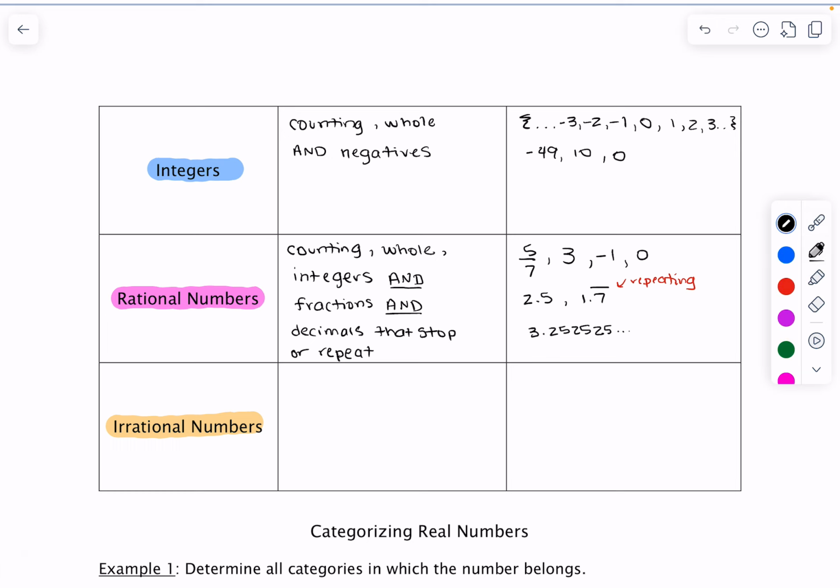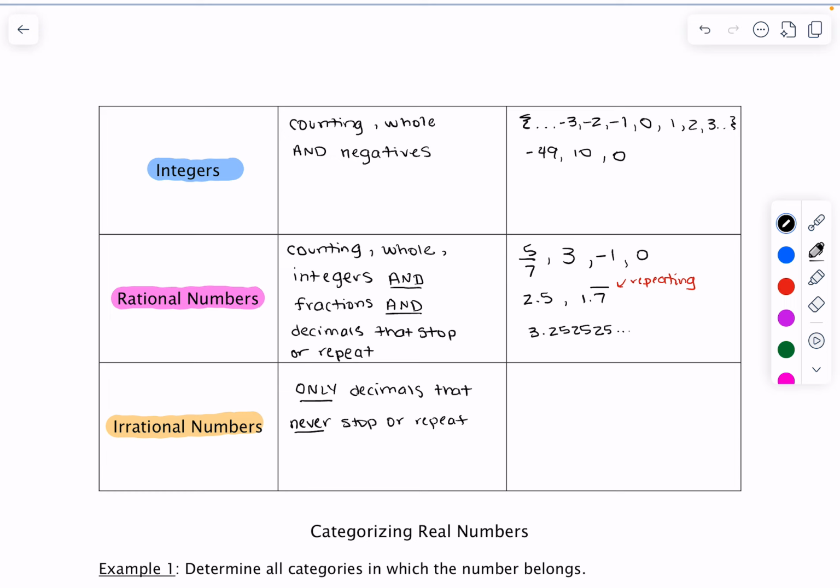So irrational numbers are only numbers that are decimals that do not stop. We can say never. They never stop or repeat.